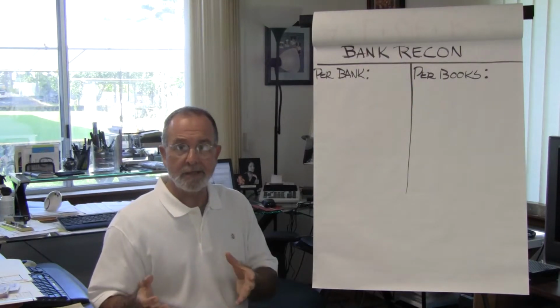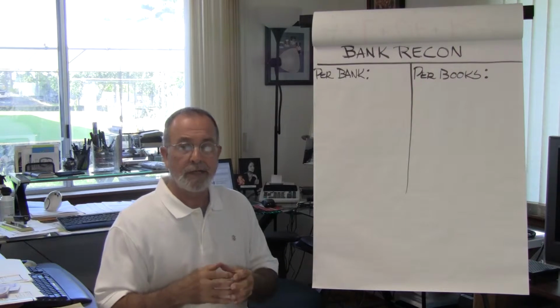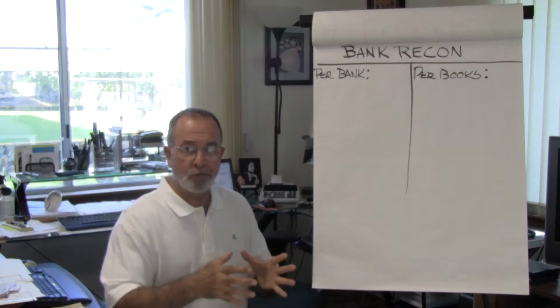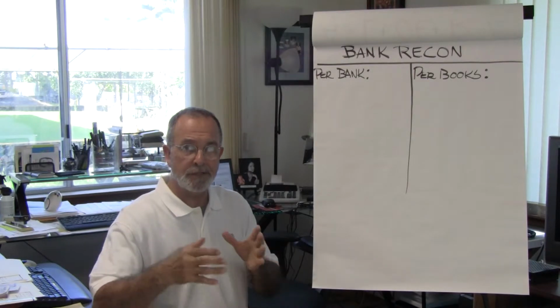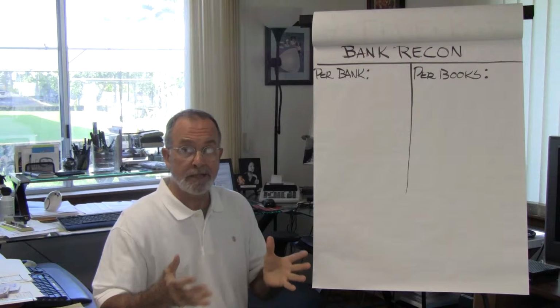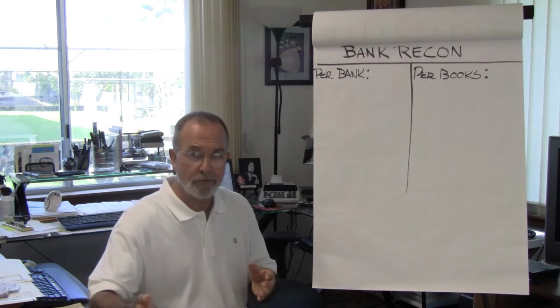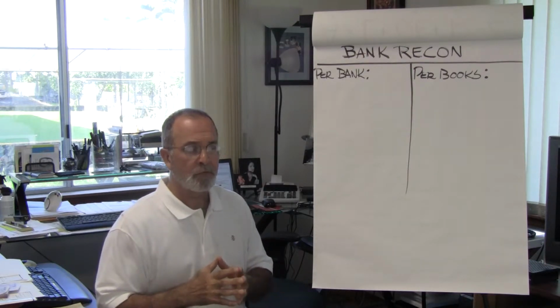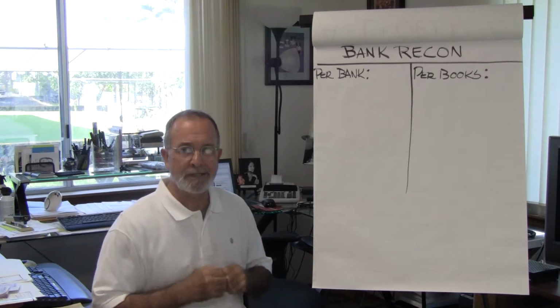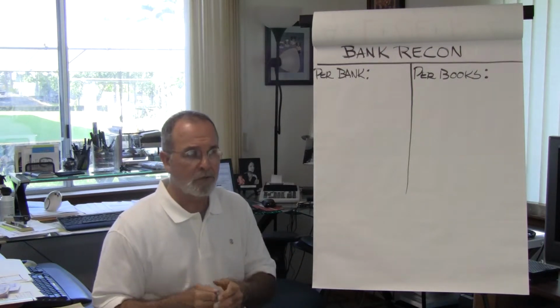The actual deposits may not reach our bank for one reason or another until a day or two later. And so if we're working with deposits from the 30th and 31st, let's say, those deposits may not get to our bank until the 1st or the 2nd. We don't want to have a whole lot of time between our receiving cash and getting it into our bank account.